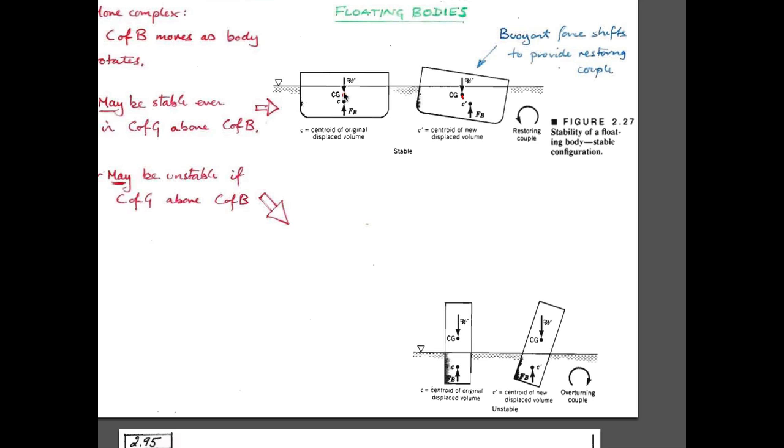So if the cargo is not moving, which is one of the reasons you want cargo not to move, of course, you actually have a fixed center of gravity. But the center of buoyancy is going to be determined by the displaced volume. It's almost a square area here, so in this particular case it should be roughly where it is.